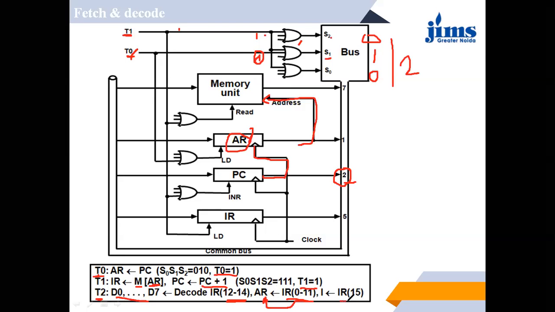And in the instruction register, we write 1. It shows that we are going to access the indirect mode now.